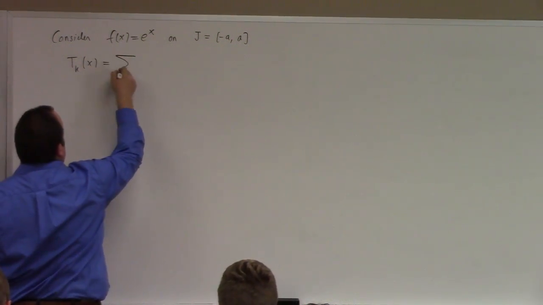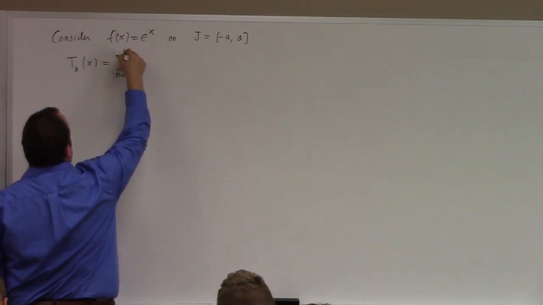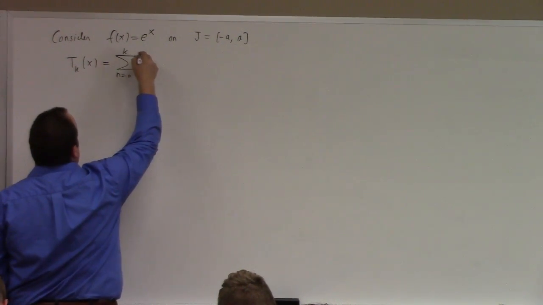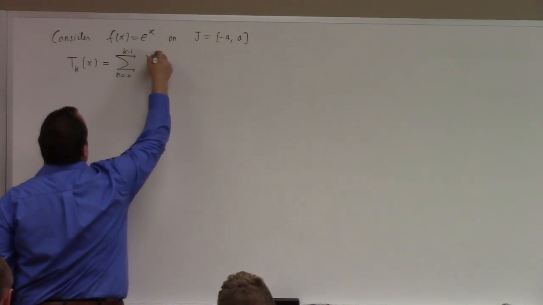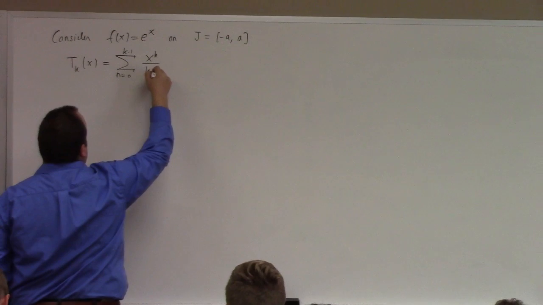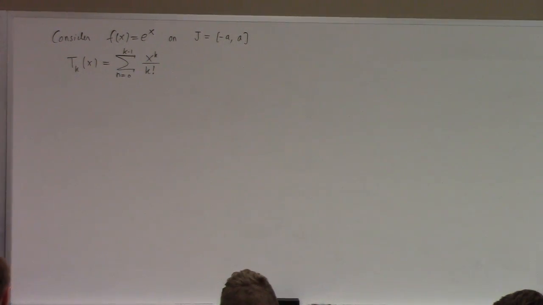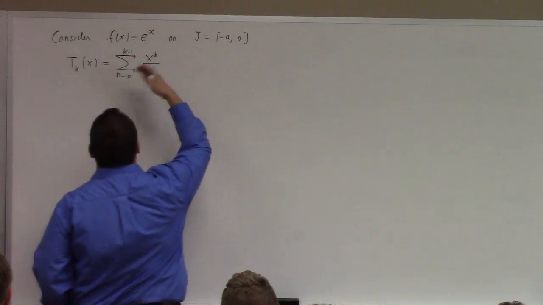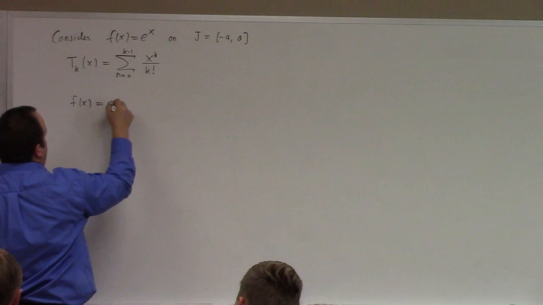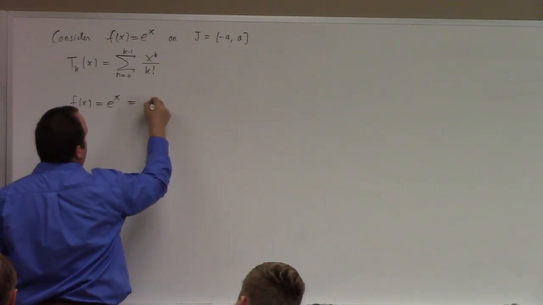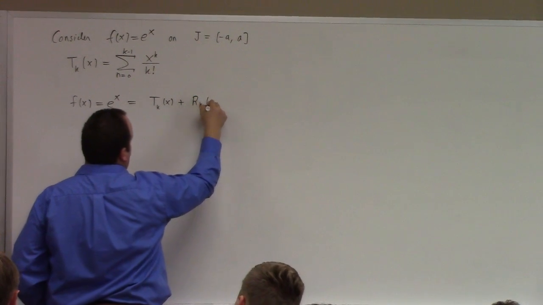It would just be what we were doing a second ago: the sum from n equals 0 to k, let's say k minus 1, of x to the n over n factorial. So that is t_k. But we also have f of x equal to e to the x. Well, that's equal to t_k of x plus the kth remainder of x.